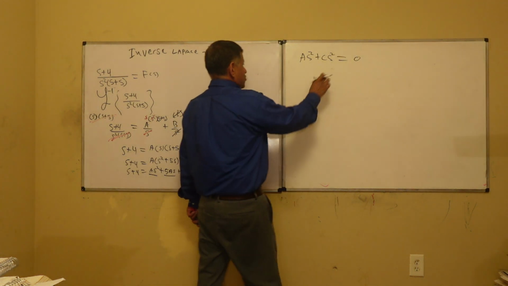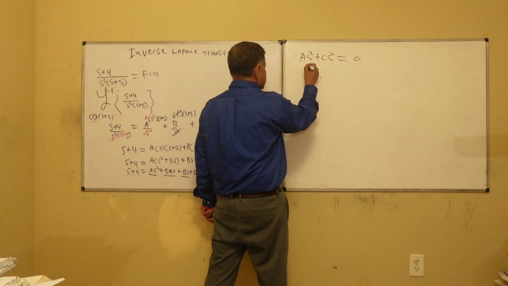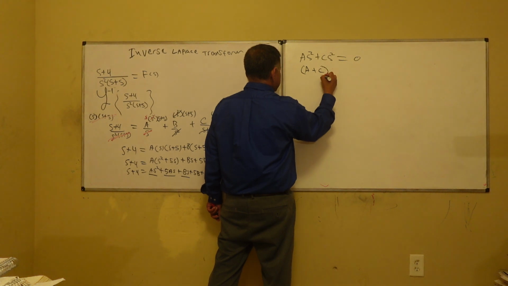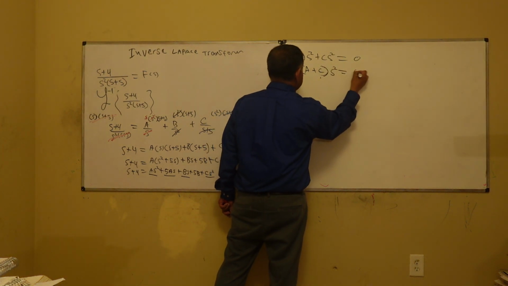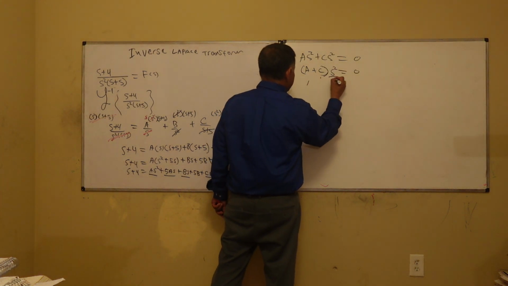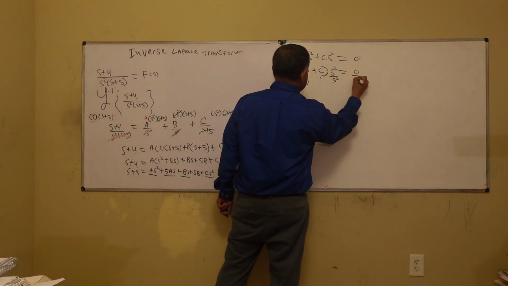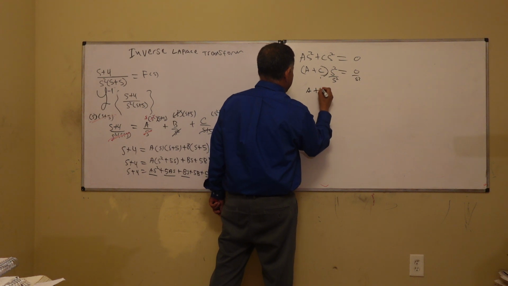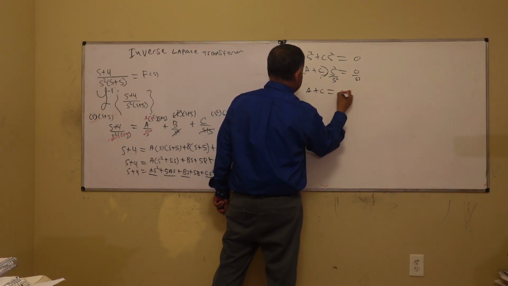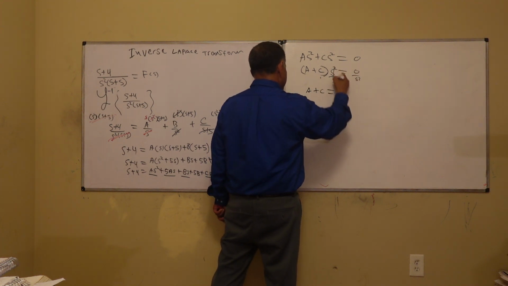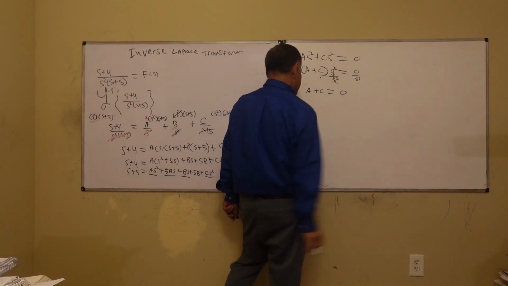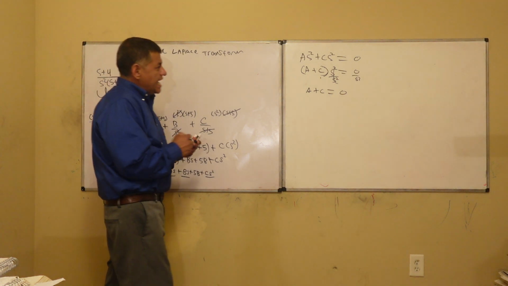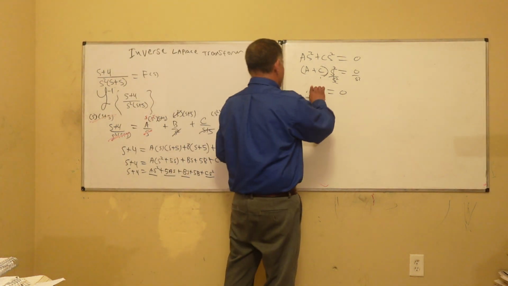Now, you can actually factor out the s squared and say s squared times a plus c is equal to 0. And you divide by s squared on both sides, and you say that a plus c is equal to 0, right? Do you agree with me? Now, a plus c is equal to 0. That is the first equation.